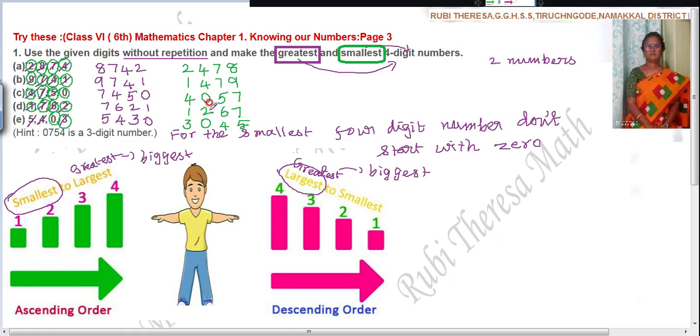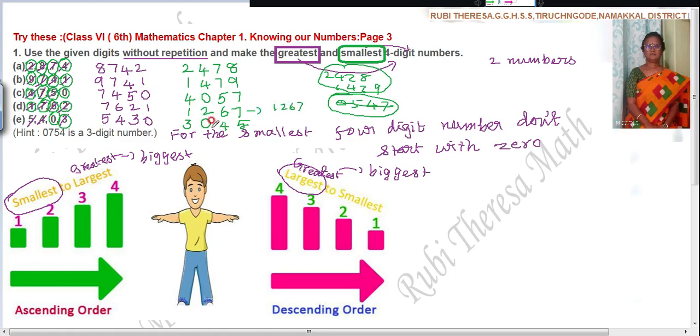Every one of you? Many students, after writing the greatest number, simply see it and write 2478, 1479, 0547. No. For this it is okay. But when it is with 0, please don't make this type of mistake. Here it will be easy. For this also you can write 1, 2, 6, 7.